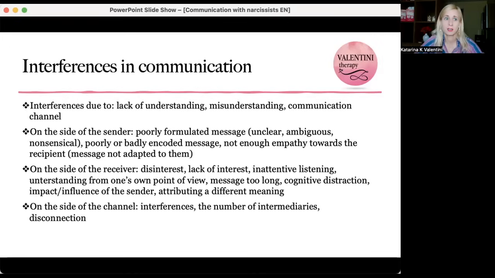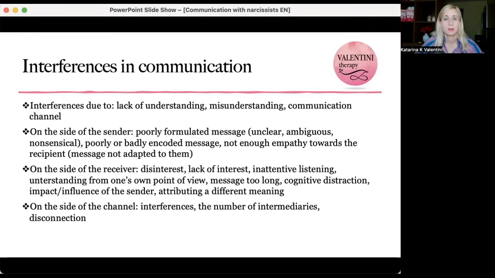For example, if the phone is disconnected, that's an interference. The problem is that nowadays, when no one can slam down the receiver, you're not really sure whether the line was disconnected or you were just cut off by the narcissist. The number of intermediaries can also be problematic.